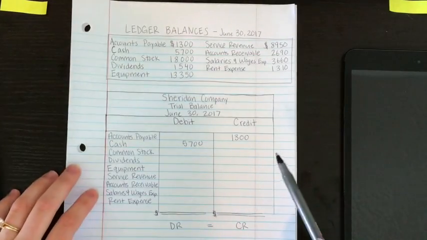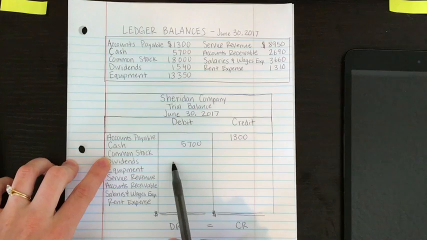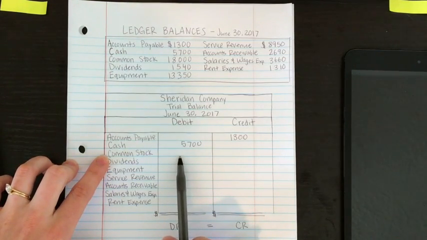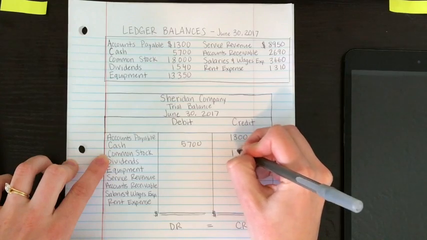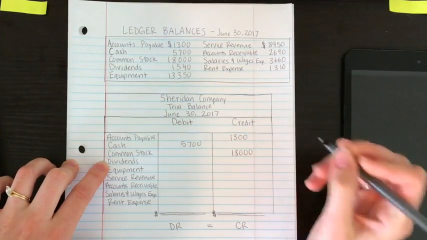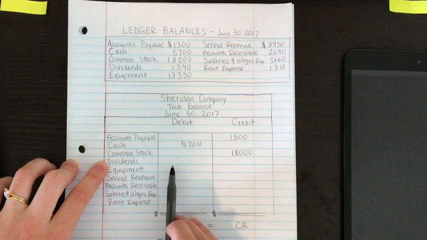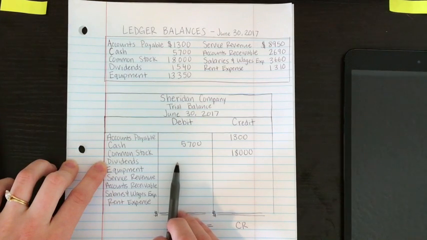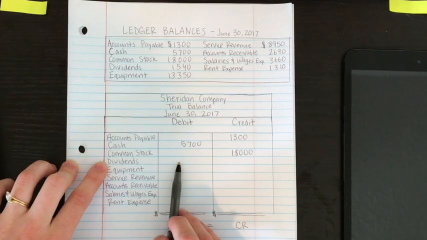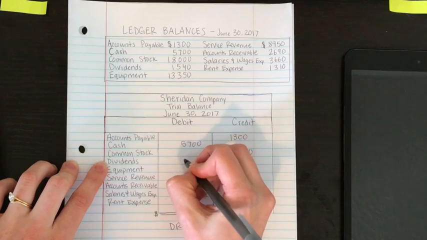So we'll keep going down the line. Common stock: the normal balance falls on the credit side, so we will write that in. Then dividends. Dividends is on the right side of the equation, but it follows the same rules as the asset accounts. Sorry, the normal balance is going to fall on the debit side, so we'll write in our dividends.